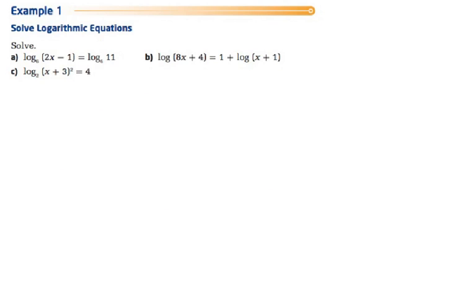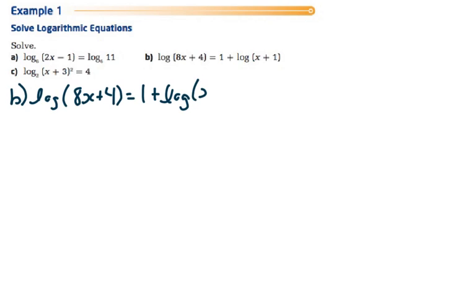Moving back to question B, we have log of (8x plus 4) equals 1 plus log of (x plus 1). And the first thing you might notice is that neither of those logs have bases written with them. They do in fact have a base. It's base 10.